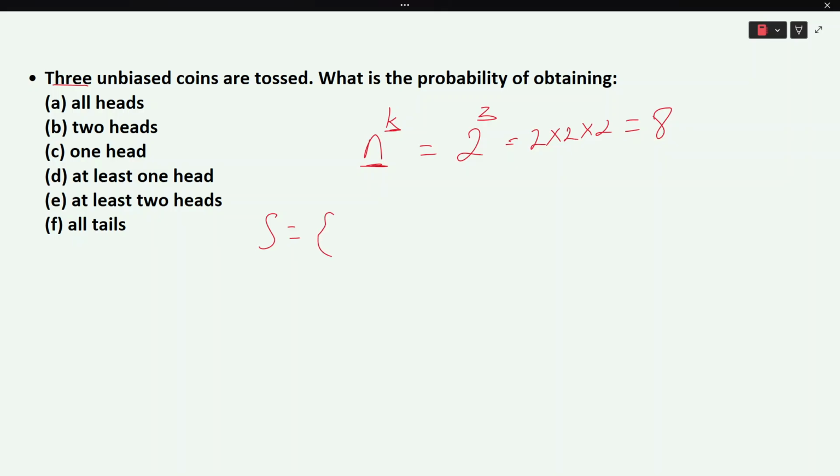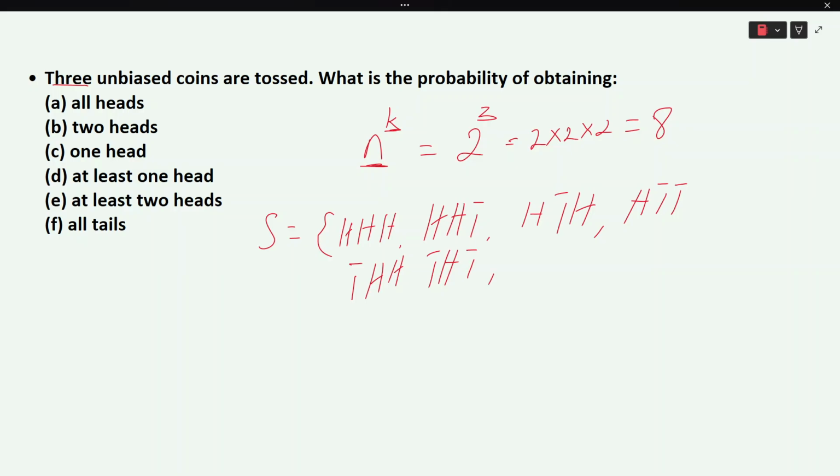We're going to have 8 outcomes: head, head, head; head, head, tail; head, tail, head; tail, head, head; head, tail, tail; tail, head, tail; tail, tail, head; tail, tail, tail. That is the sample space.